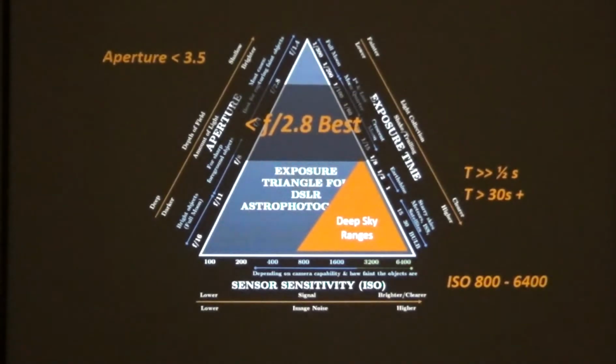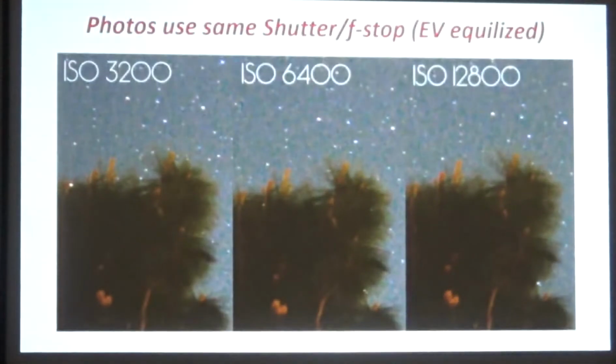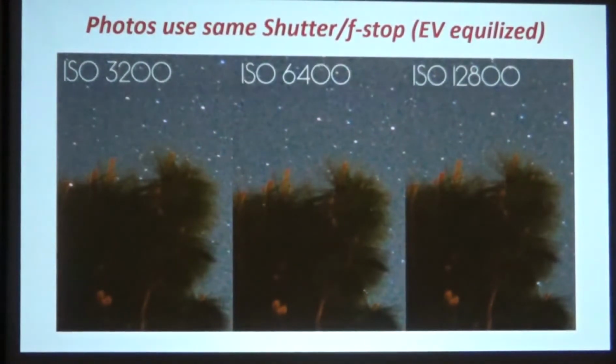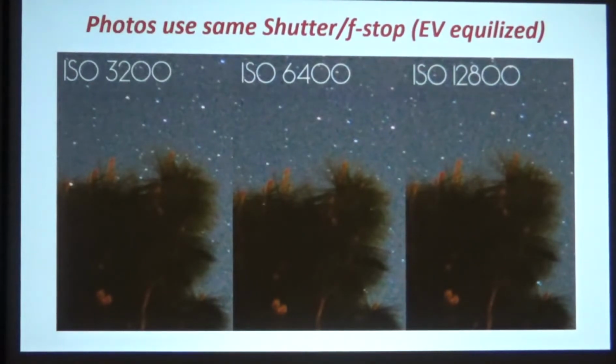Ideally, again, 2.8 or less for an f ratio on a fixed lens would be ideal for this kind of shooting. If I keep the shutter and f-stop constant and adjust the ISO, you remember that little slider that went up to plus or minus 3? Well, that's what we've done here. Basically, you've adjusted the exposure value to have the same image brightness, and we fixed the shutter and the aperture on the lens.